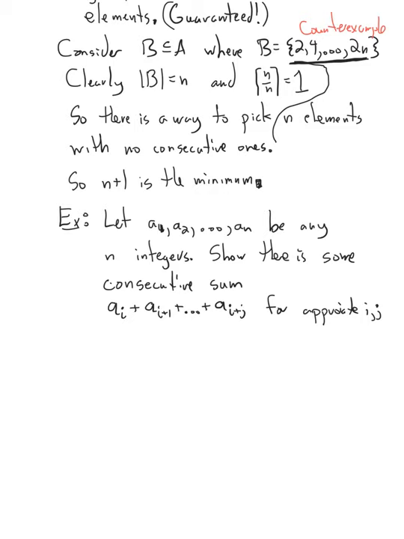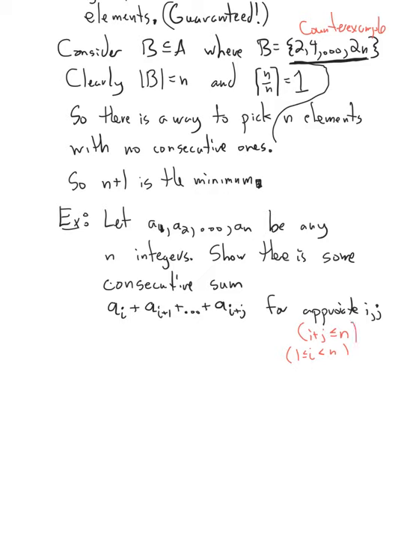So we want i plus j, of course, to be less than or equal to n, because we only have n terms. And of course we want i to be less than n and to start at 1. So that's what makes it appropriate.